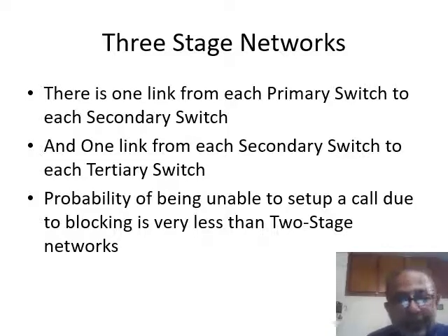While in a three-stage network, this situation is improved. How? Because from the secondary switch, we can have an alternate path to the tertiary switch and to a customer connected on the third stage. So, a three-stage network is far more improved as compared to a two-stage network.